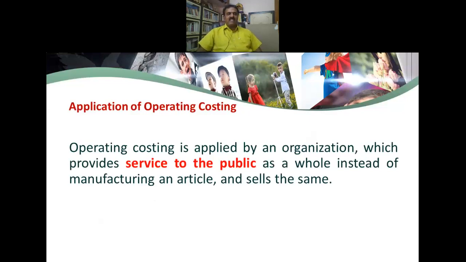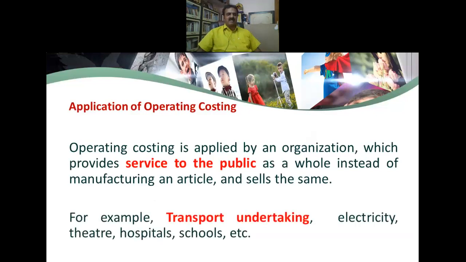There won't be any disparity in the rendering of the service. That's why we call it service to the public. So instead of manufacturing a product, a service is rendered, and for that service, the cost incurred will be determined.